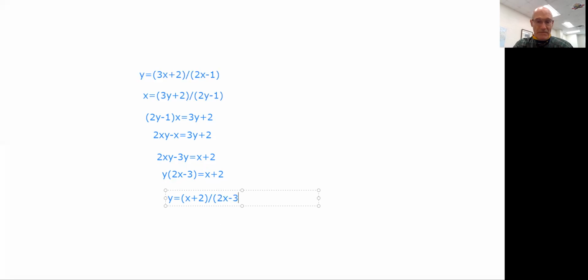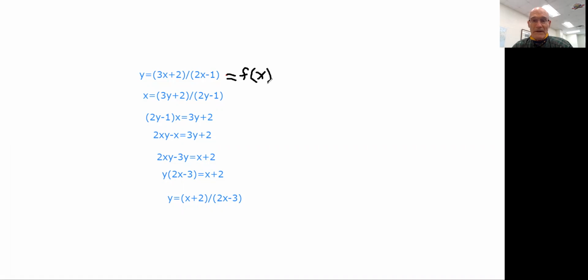(2x minus 3). So the first function up here is the f of x function. The second function down here is the inverse function. This is equal to the function, which is f of x.